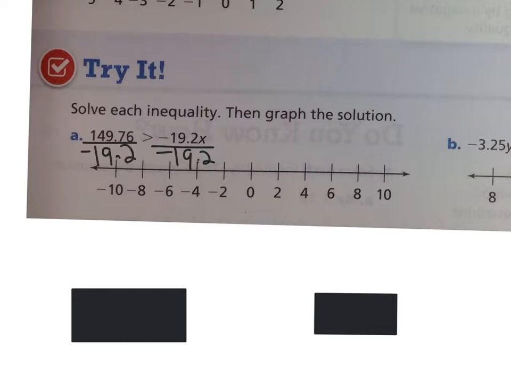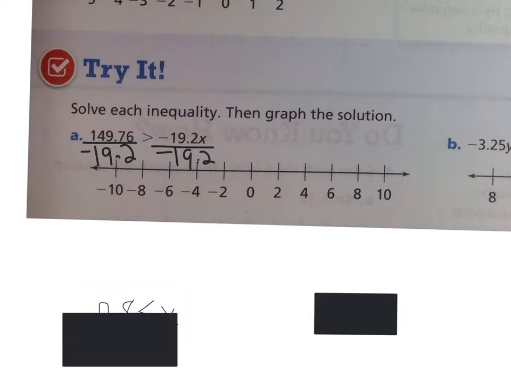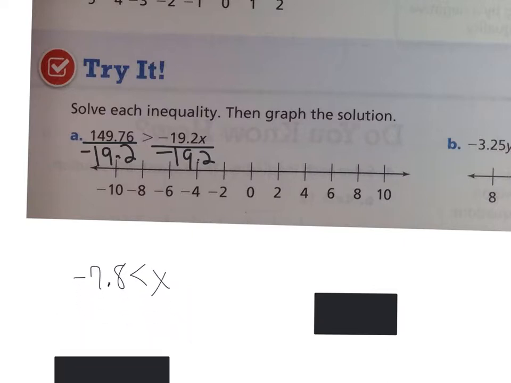And once again, when we divide that, that's going to change our inequality symbol. It was greater than, and it's going to change to less than. So -7 8/10 is less than x.